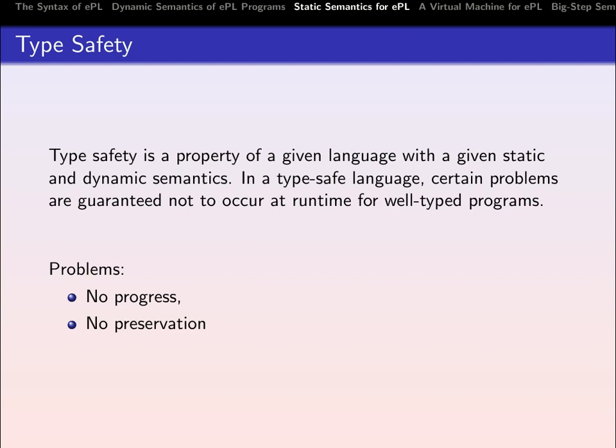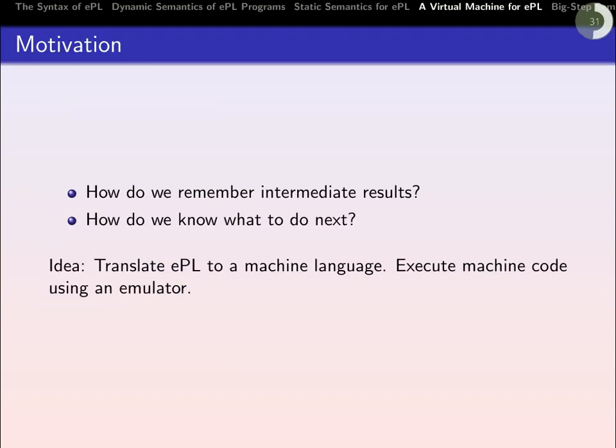We've done it with expressions. We have to do it again for this language. So part of our definition of the virtual machine is going to be a language for the virtual machine, right? We want to have some intuition of how instructions are executed.